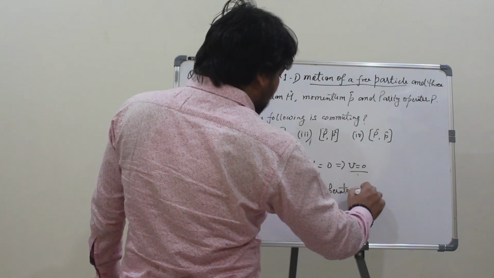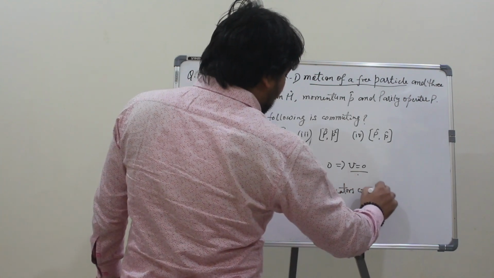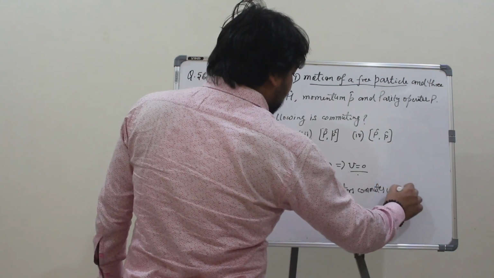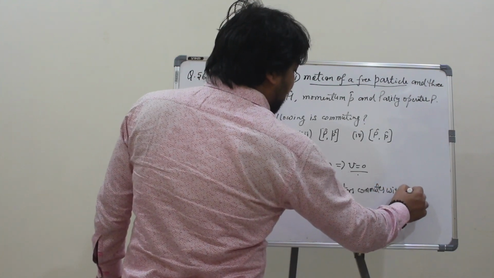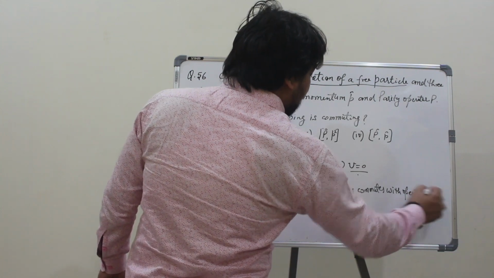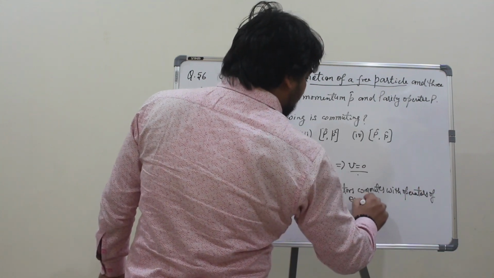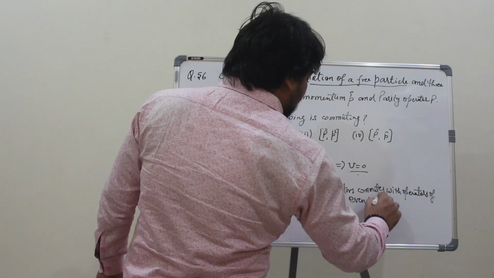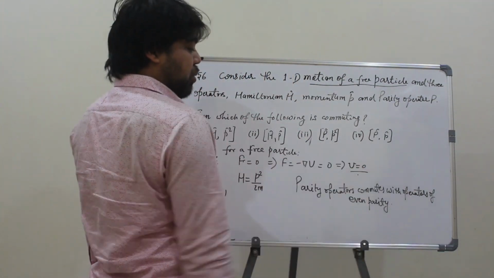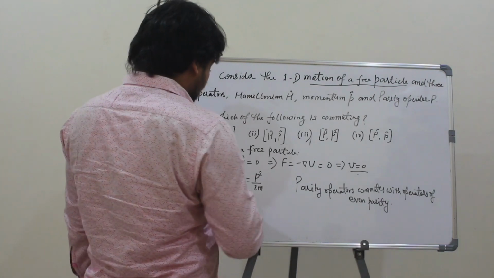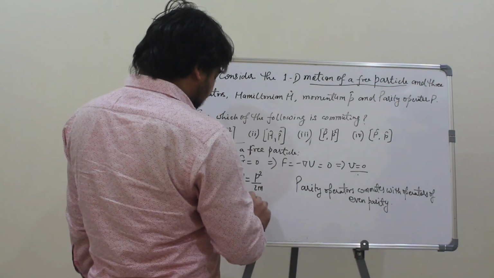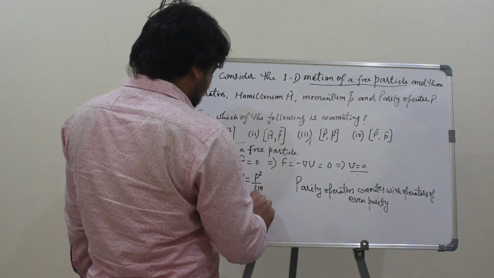So this result you must always remember, so that if any problem related to it is asked, you can answer it. So let us take the first bracket, which says that H, P square.